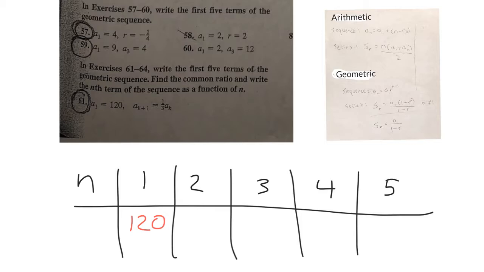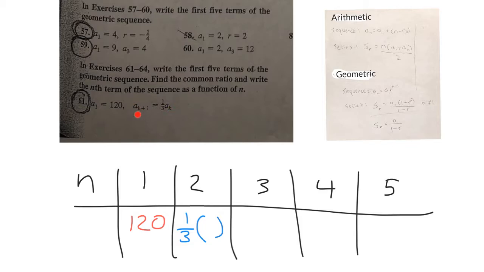Okay? Now, what do I mean by that? Basically, what they're saying is, this number right here is going to be 1/3 of whatever came before. You can think of a sub k as what came before.